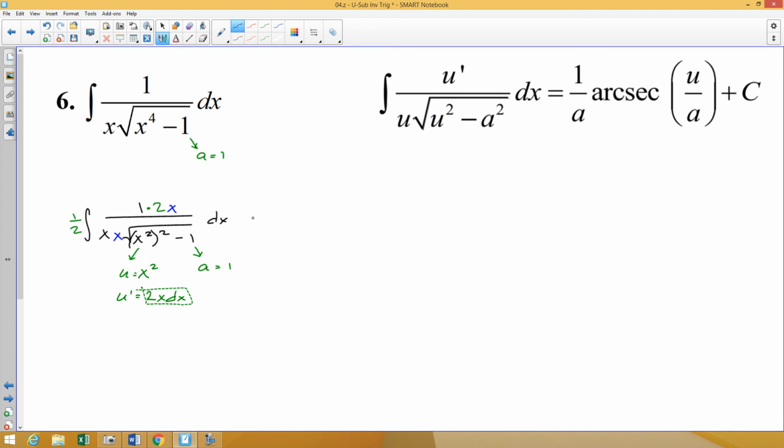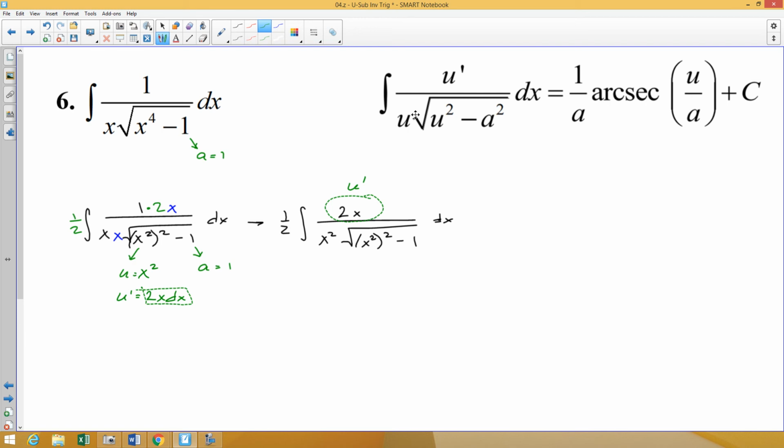Then if you look at what that created, I now have 1/2 antiderivative. I have 2x over stuff with a dx over here. Notice that when I put that x down there, it became x times x, which is x squared. And then I'll keep this as x squared squared minus 1. And if you look at that, my u prime is right there.